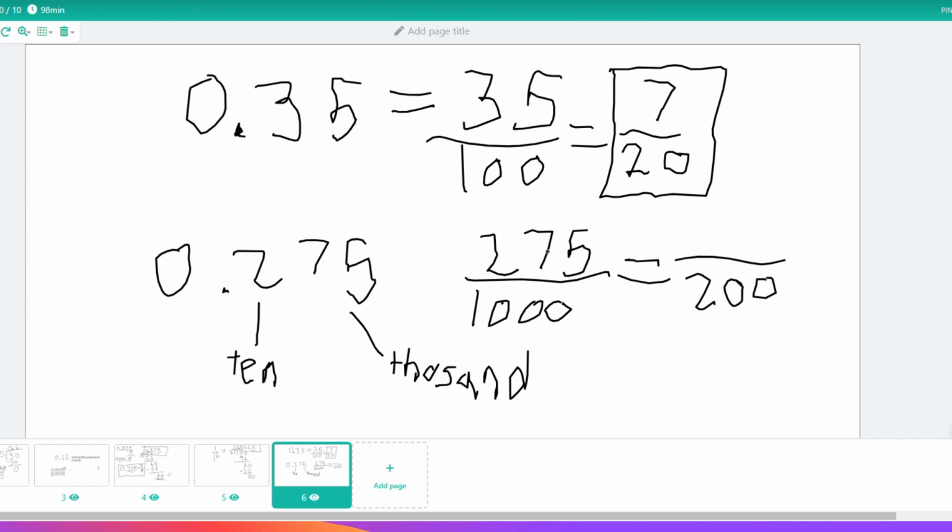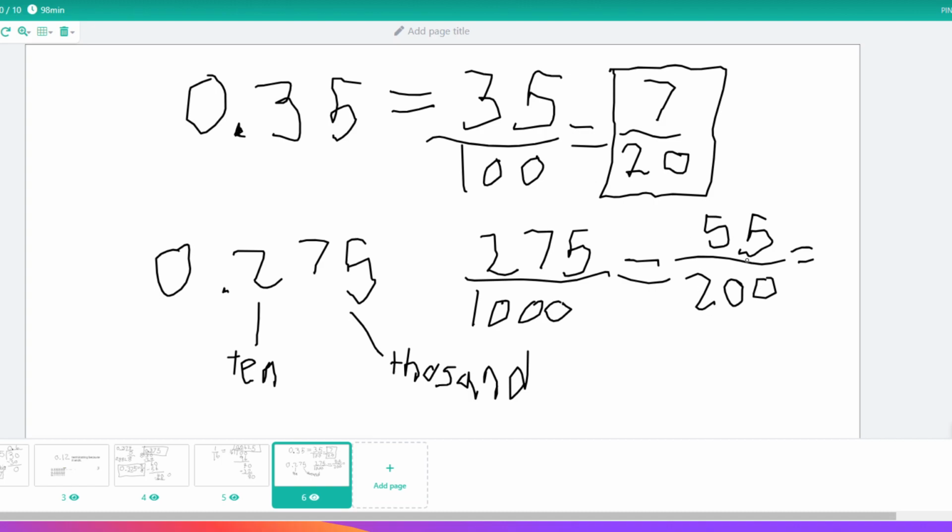Well, 75. 5 goes into 75 15 times. So 55 times. And you might notice here, oh, I could have done quarters. That would have been easier. Oh, yeah, I could have done quarters. Oh well. 55 over 200.